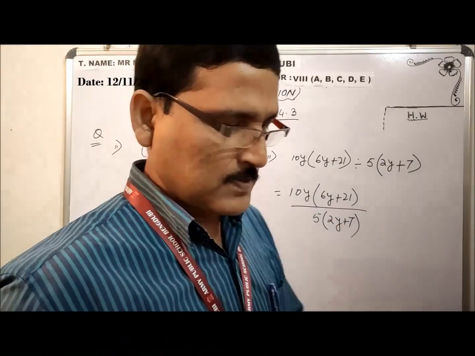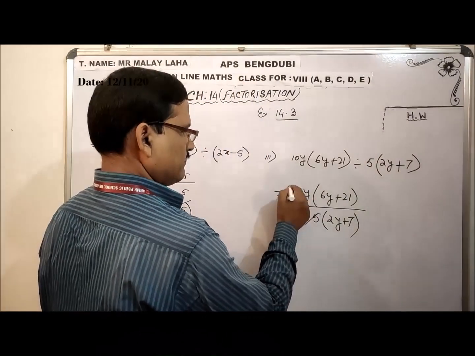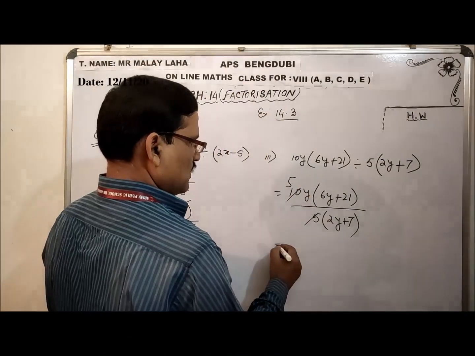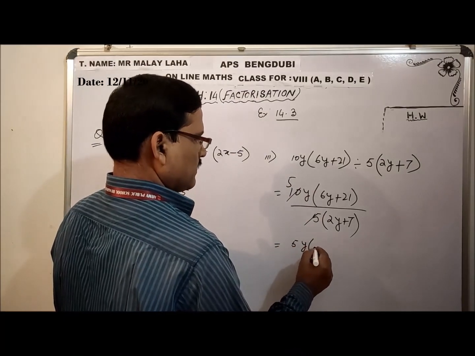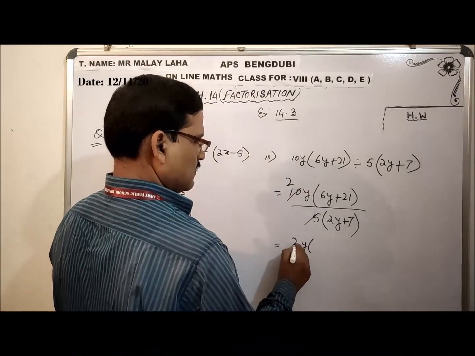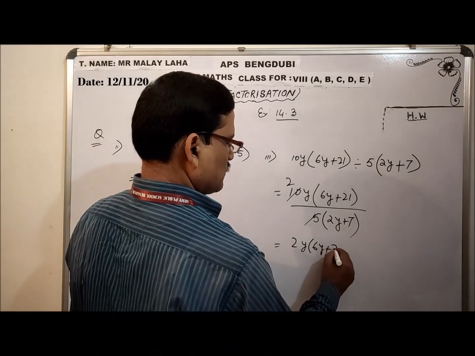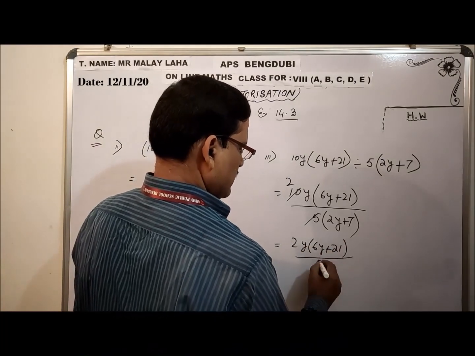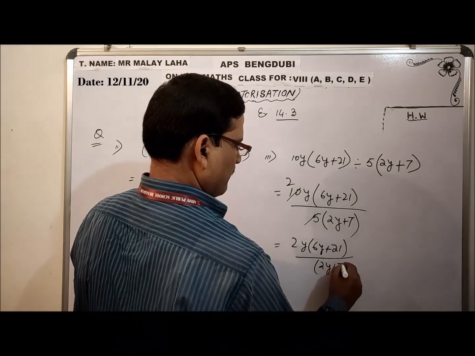Now I can cut 5 and 10. This is 5, this is out. So it is now 2y into 6y plus 21 divided by 2y plus 7.